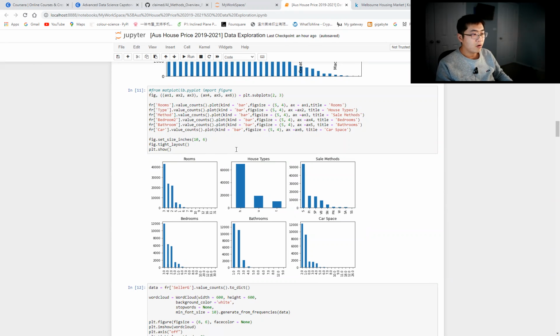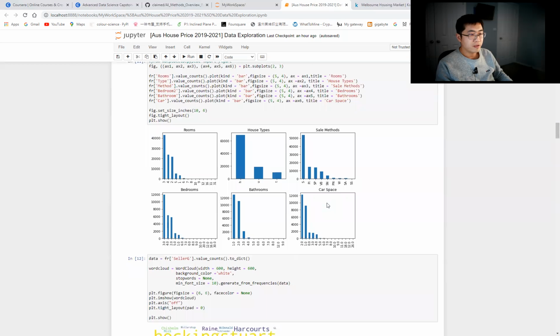House type, of course, there are more houses than units, and the townhouses can be combined. Bathroom, most houses have 1 or 2 bathrooms, but there are 3 and 4 bathrooms as well. Sale methods, a lot of it has just been listed as sold. Yeah, but there are other types of how the property has been sold.